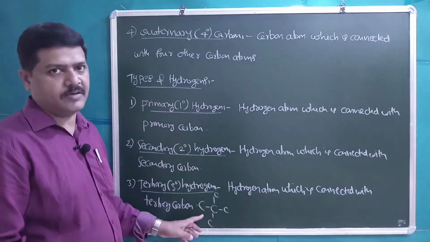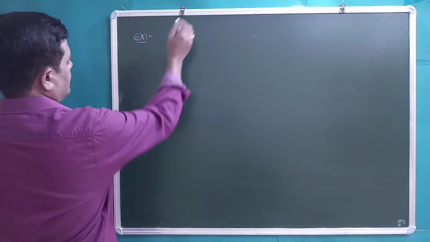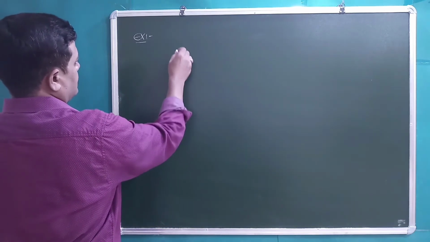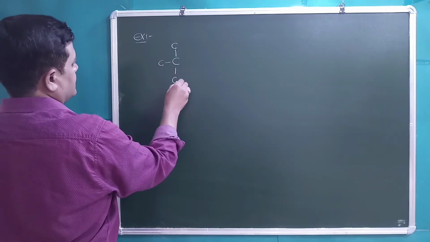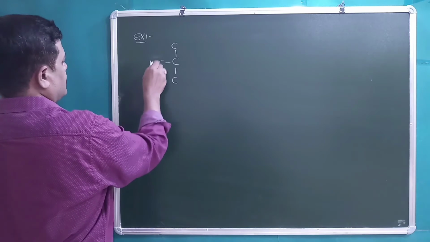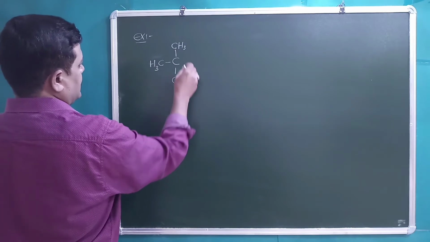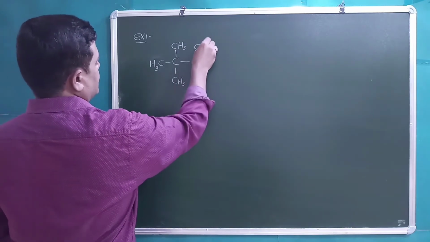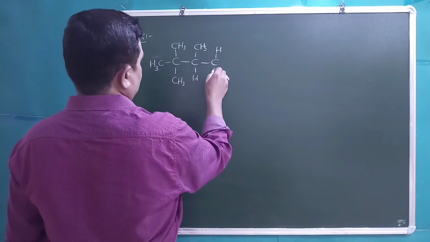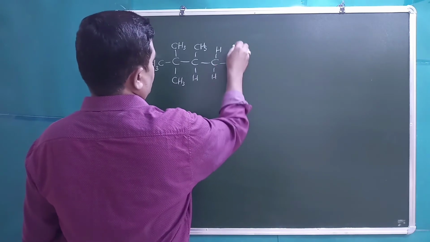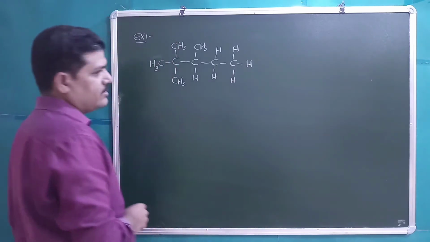Let us take one example now. In the given organic compound, C single bond C, connected with 3 hydrogens like this: CH3, CH2, CH3, like this it is a given hydrocarbon.